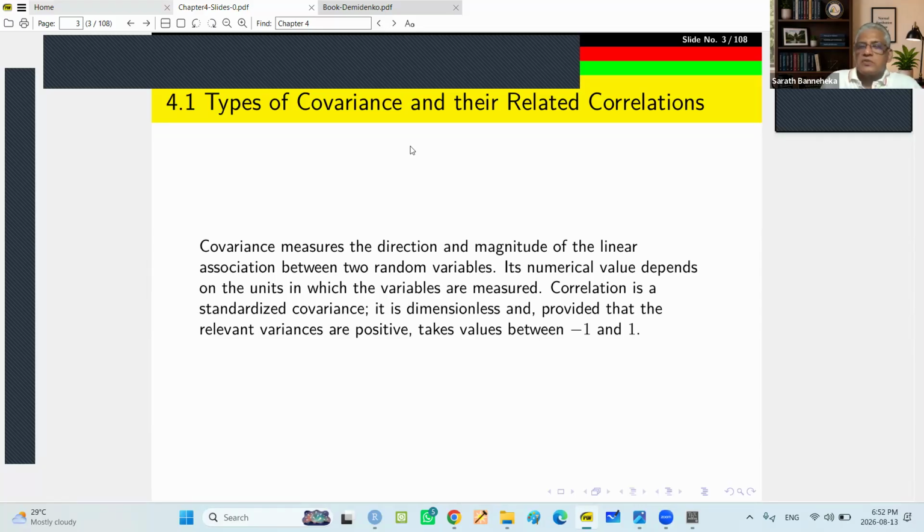It is dimensionless, in other words, it's units free. And provided that the relevant variances are positive, that means not equal to zero, correlation takes values between -1 and +1. So that is what we have already seen about the marginal correlation. That is also usually called Pearson's correlation.